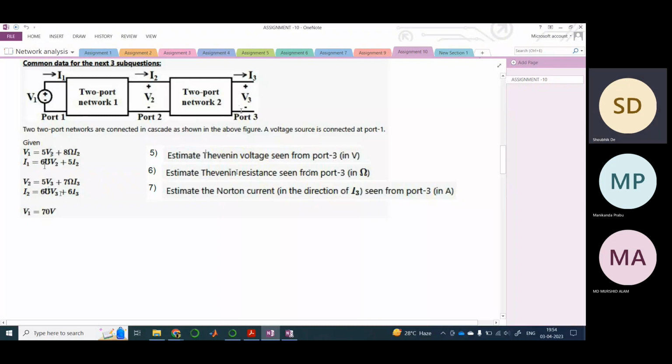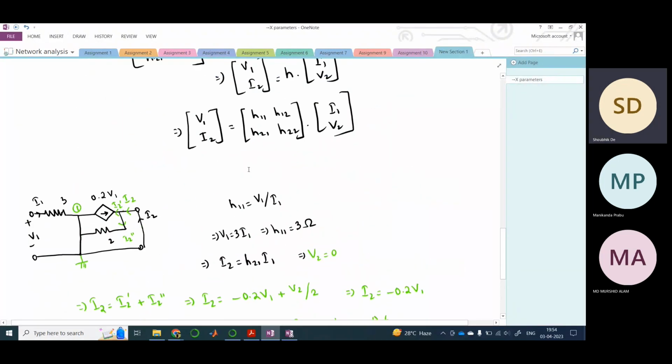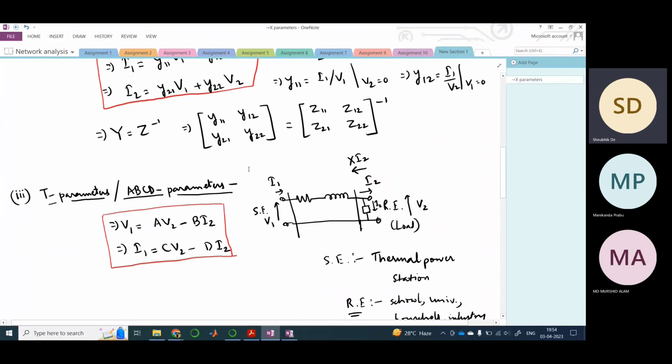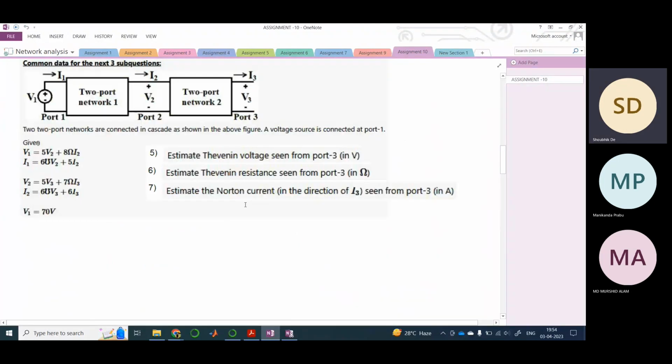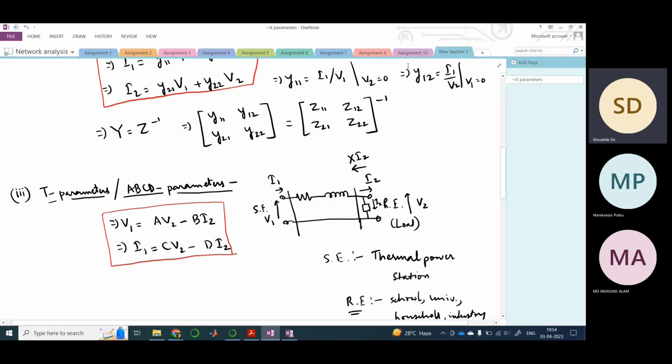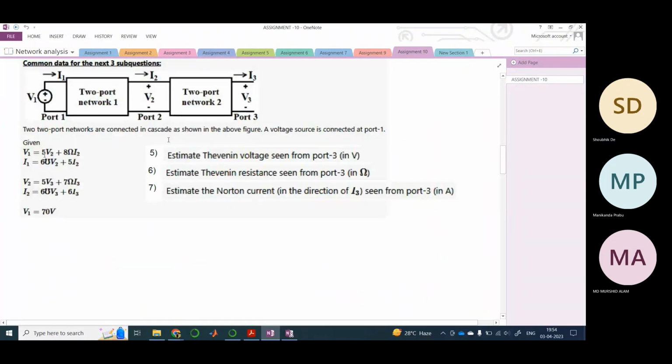So if you see the IV equations now, V1 and I1, if you compare with what we have in the H parameter, it's V1 I1, right? And here also it's V1 I1, and this is V2 I2, this is also V2 I2. So these are nothing but ABCD parameters. Therefore, what would be your first ABCD parameter?